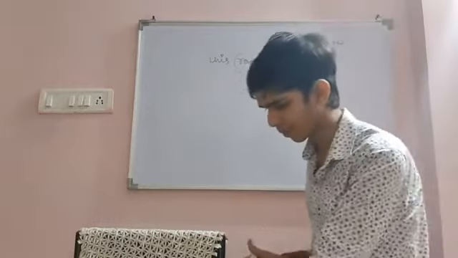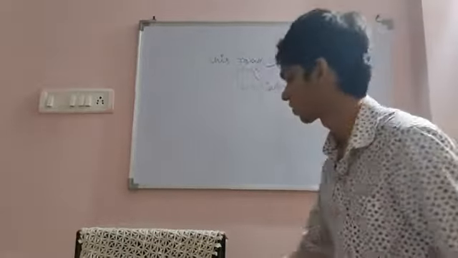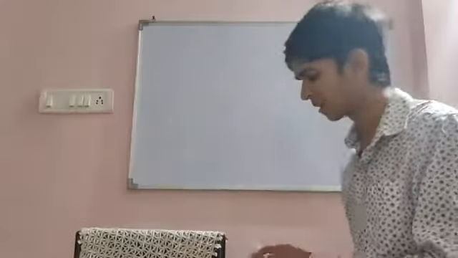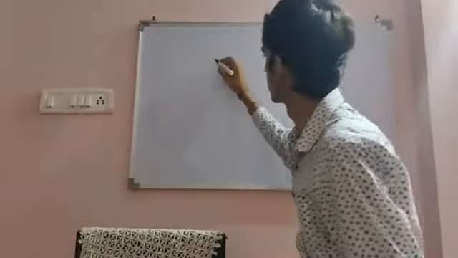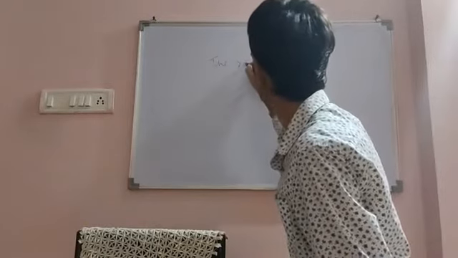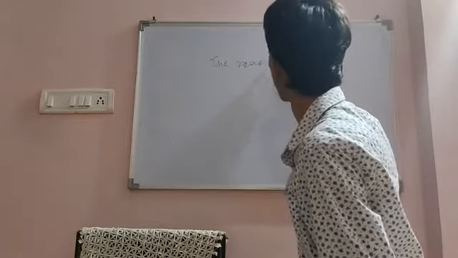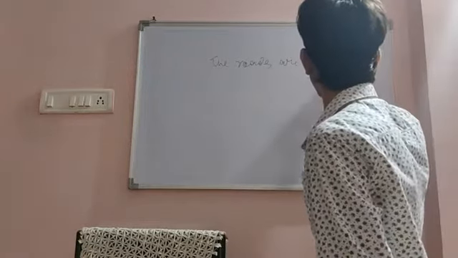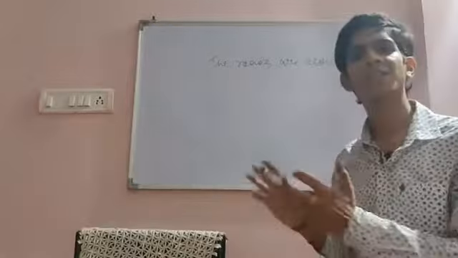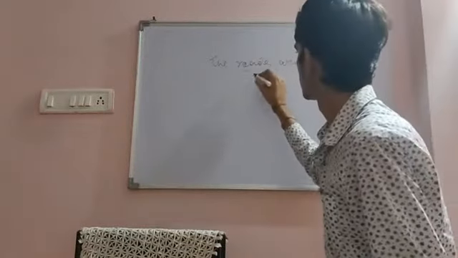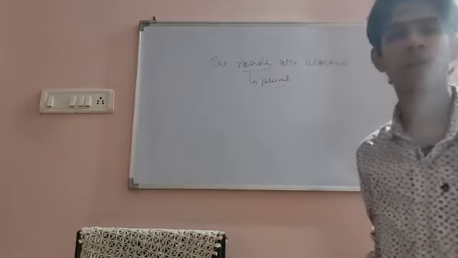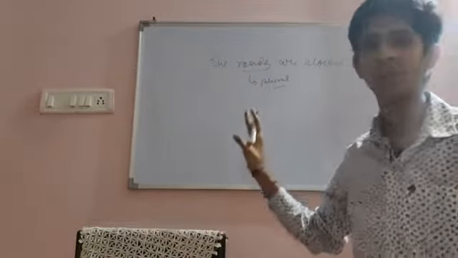Now if I modify the sentence and write, "The roads are blocked," the sentence is correct because roads is plural, and that is why the verb must agree with the subject.